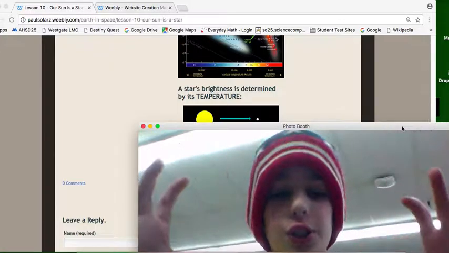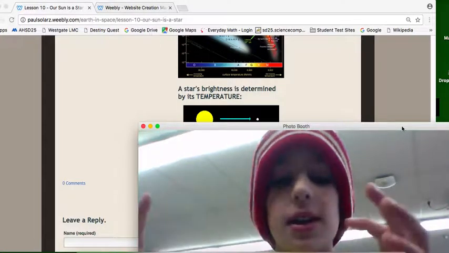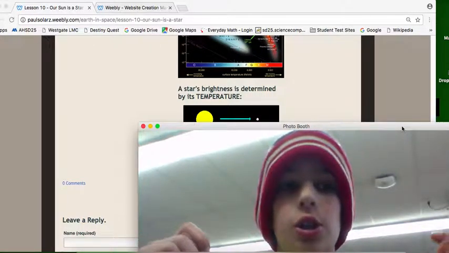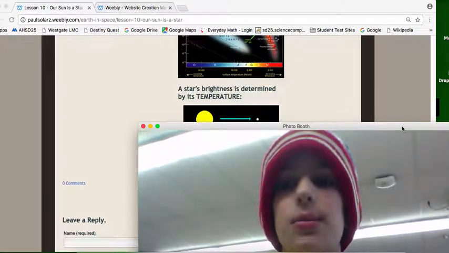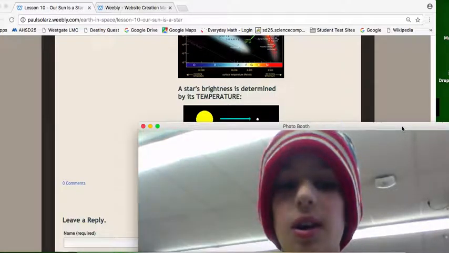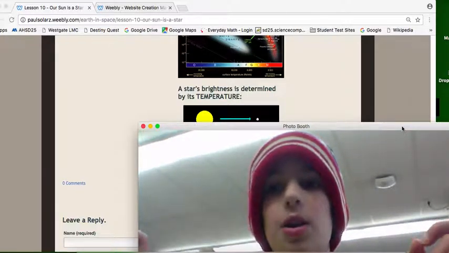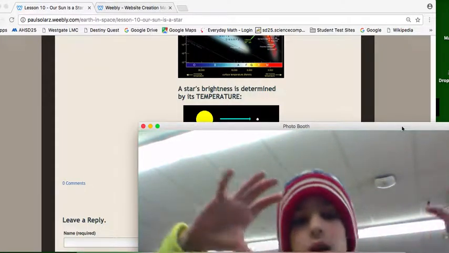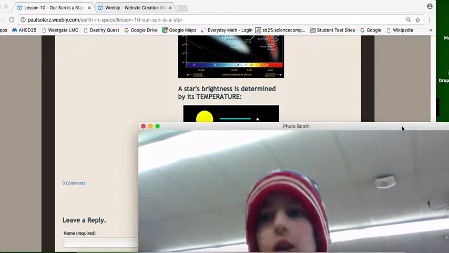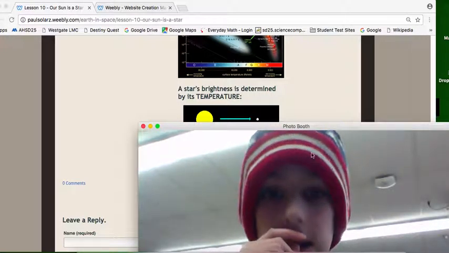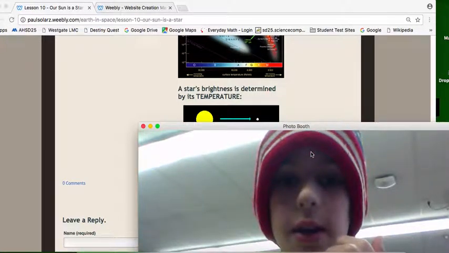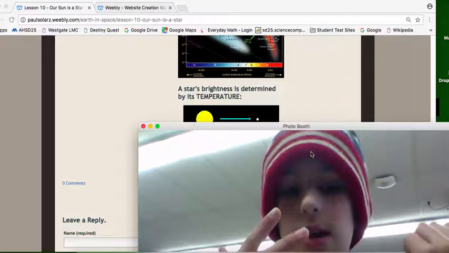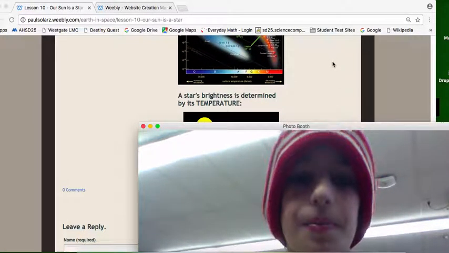Imagine a huge star, like the biggest star in the universe, which cannot be because the universe is infinite, but it could happen if all the stars are the same exact size except for one. Imagine it's huge. It would be so if it was in its prime life, which means temperature.